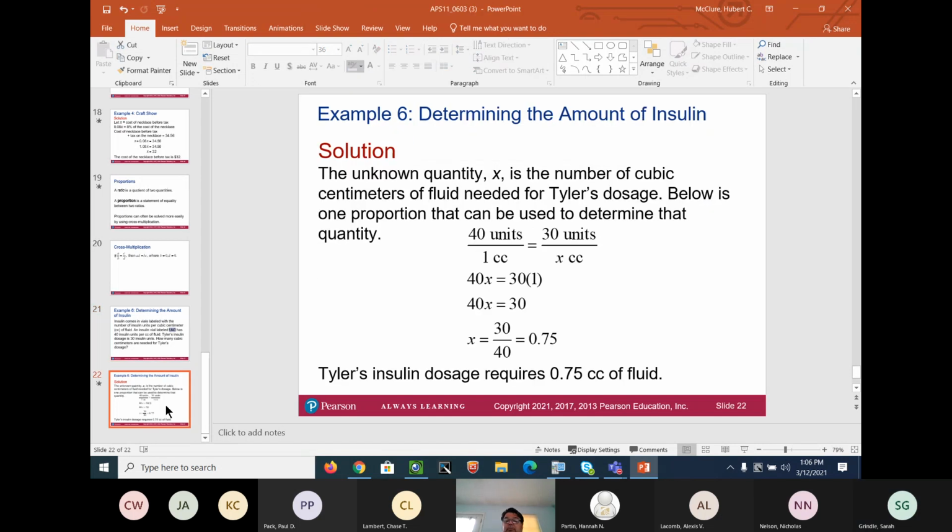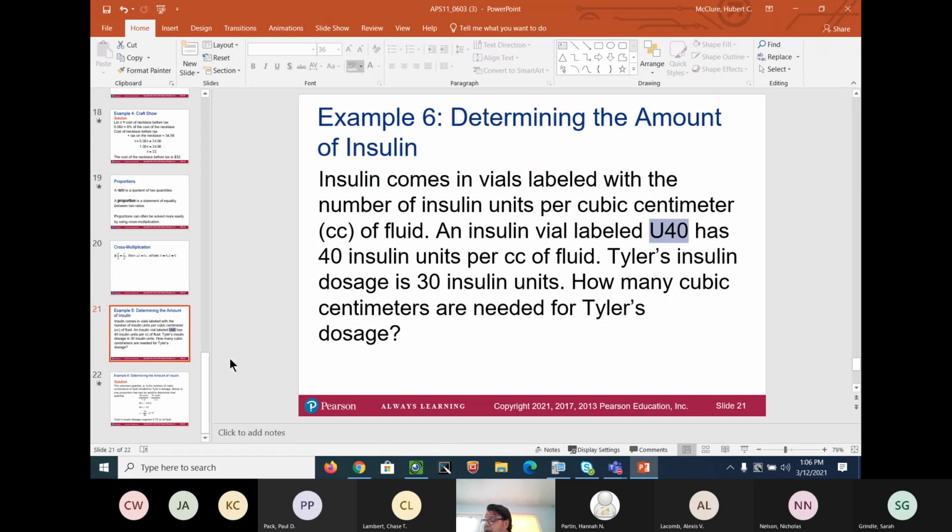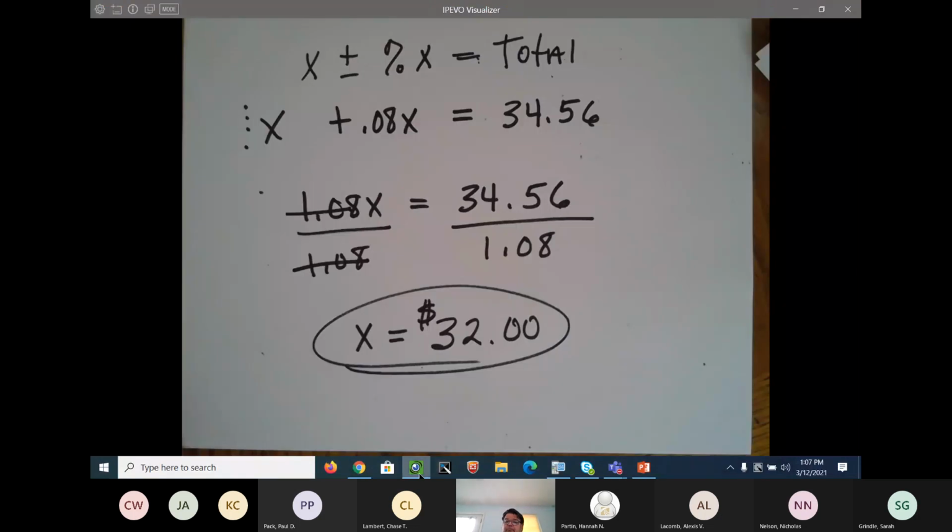That's the way you set it up. But they're wanting to know how many cc's will make it for 30. In other words, Tyler's insulin dosage is 30 insulin units. How many cubic centimeters, cc's, are needed for Tyler's dosage? And this is the setup.